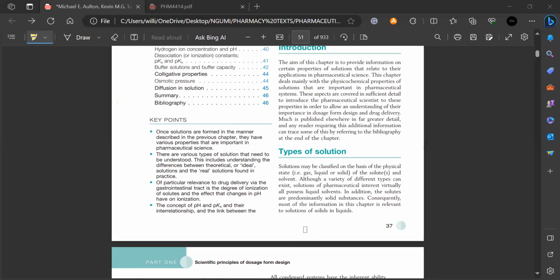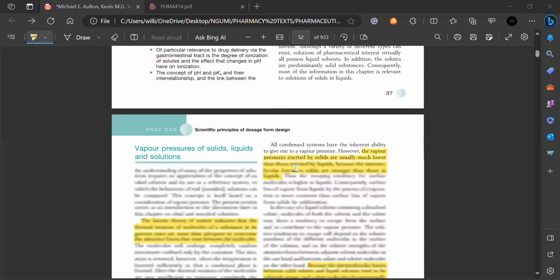So we can have solid, solid, liquid, liquid, gas, gas, gas, liquid, all those different combinations. But in pharmaceutical practice, we'll mainly be focusing on solids being our solutes and the solvents being liquids to form our solutions.